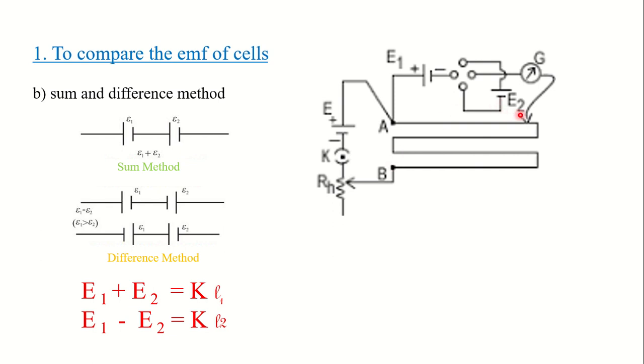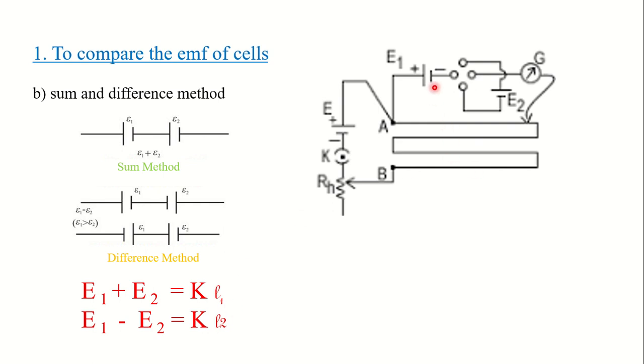After that, you will tap the jockey along the wire and find out the point where the galvanometer shows zero deflection, and measure that length as L1, or you can say E1 plus E2 balances L1, or E1 plus E2 is equal to K into L1. Or it can be also written as E1 plus E2 is proportional to L1.